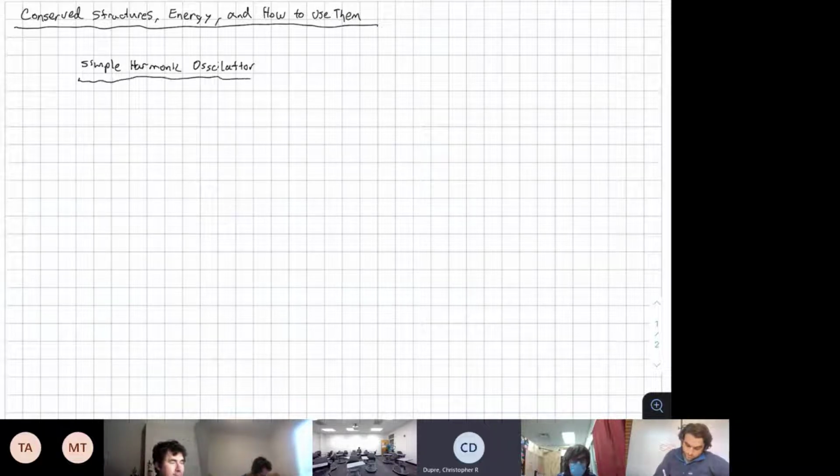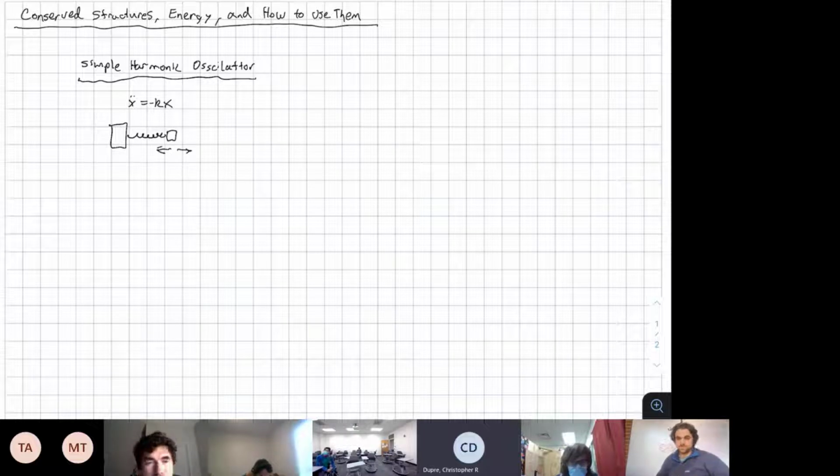Just as a reminder, for anyone unfamiliar, the simple harmonic oscillator is something that follows this second-order differential equation. The physical example is that I have some spring hooked onto a mass, and then it bobs back and forth, right? So this is the simple harmonic oscillator.